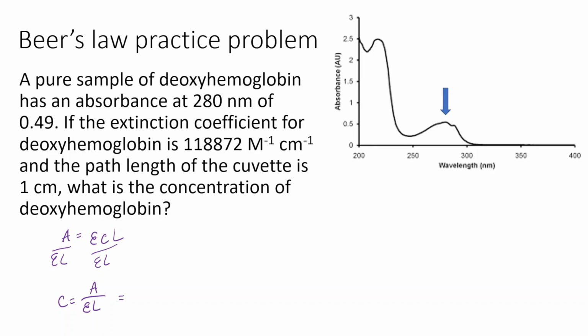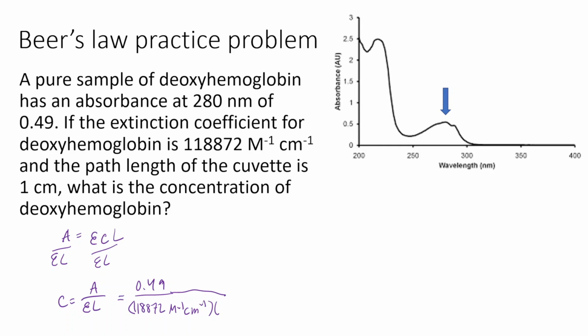So what's our A? Yeah, A is 0.49. Absorbance does not have any units. Our epsilon is the big long number, 118,872 inverse molar, inverse centimeters.